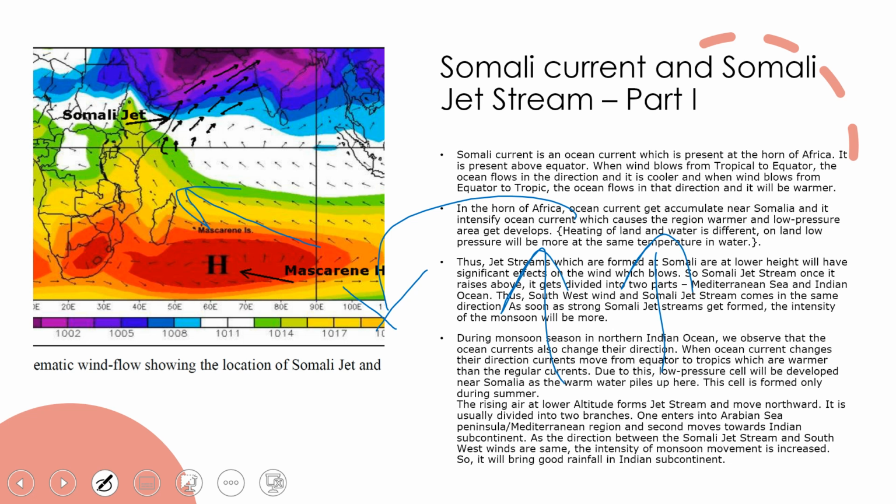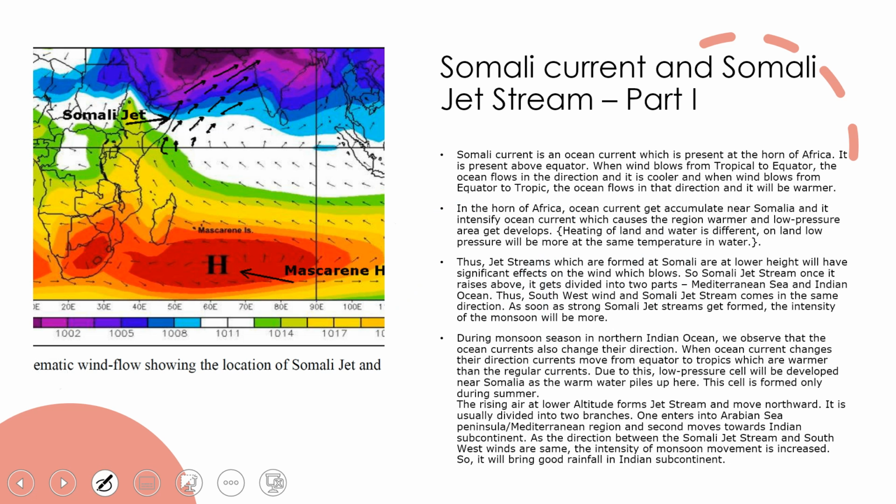When this Somali jet hits this wind, it will create an intense push of the monsoon, and it will give rainfall to India. That is what the Somali jet stream is.